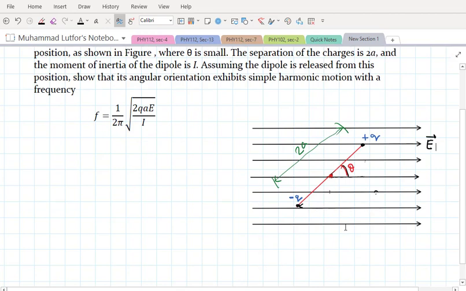We know that the electric dipole is defined by that equation, which for a system of particles we express in vector form as the sum from i equal to 1 to n of qi ri, where qi is the charge and ri is the position vector from the center or origin.